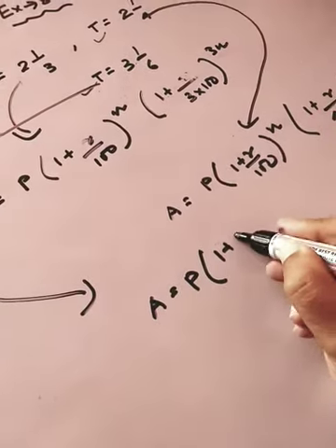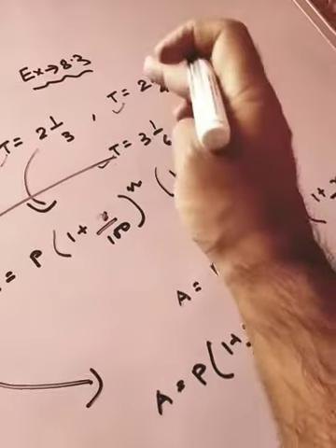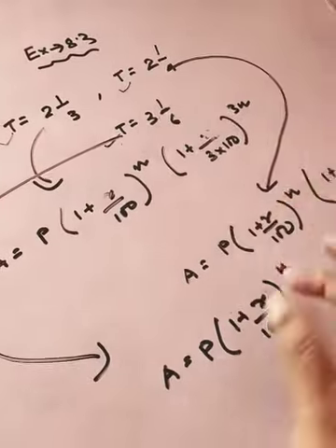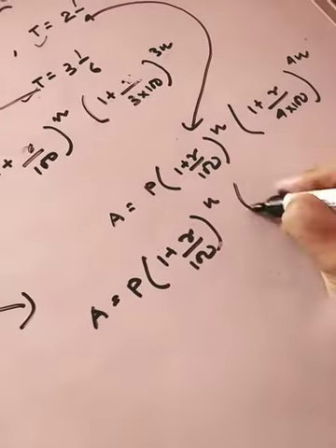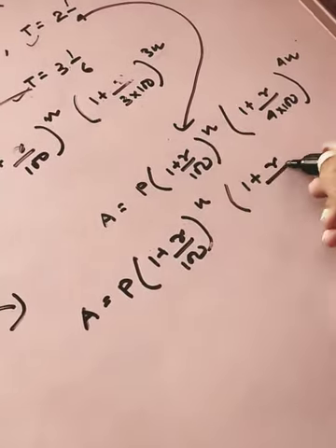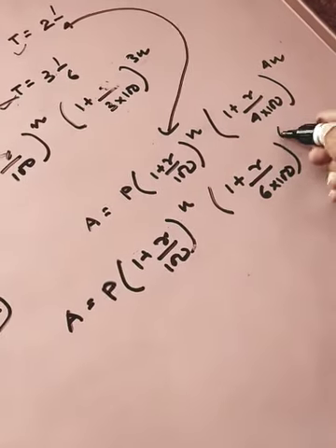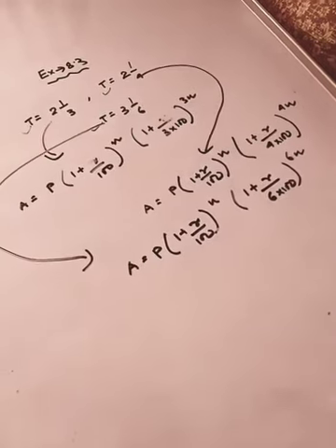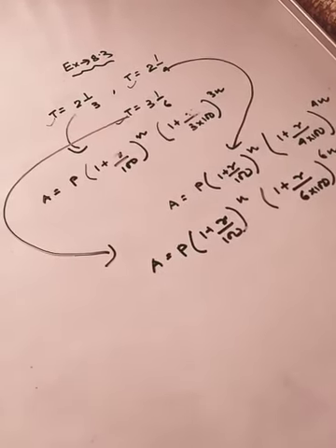The first part is absolutely the same, for 3 years. For the other part, 1/6, that is 1 plus r by 6 into 100, because the denominator is 6, with the power 6n. Understood? I hope everyone has understood.